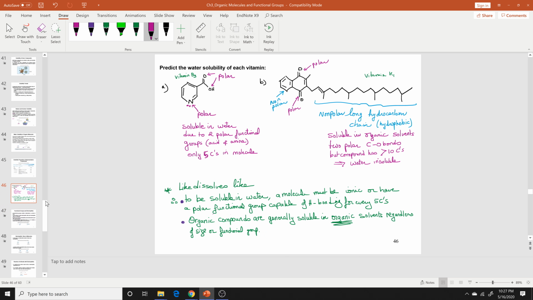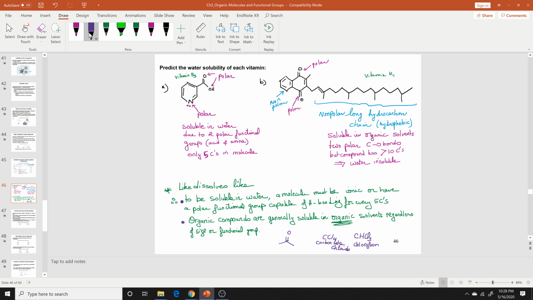Examples of organic solvents are carbon tetrachloride, CCl4, that we use a lot, and chloroform, CHCl3, we use that too. This is chloroform, and this is carbon tetrachloride. And you have acetone.